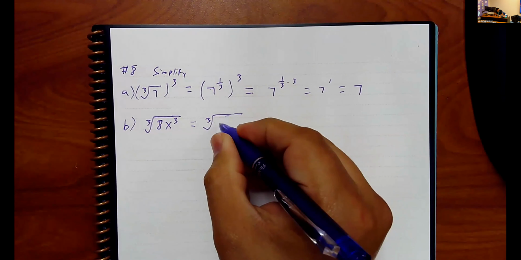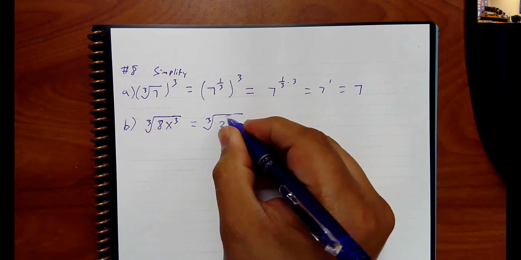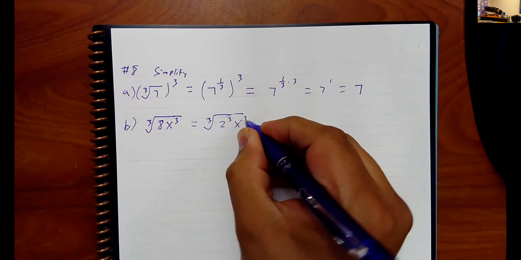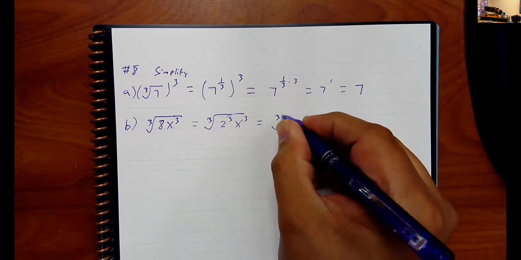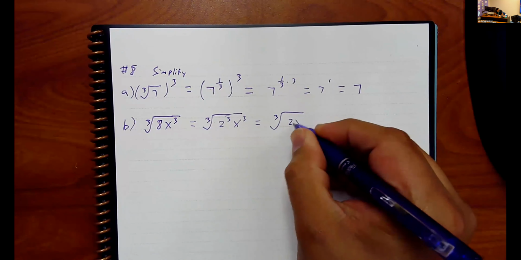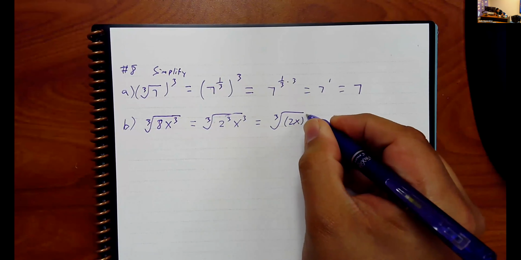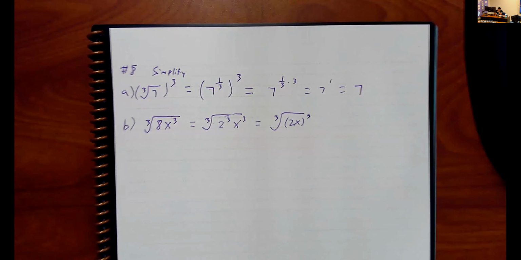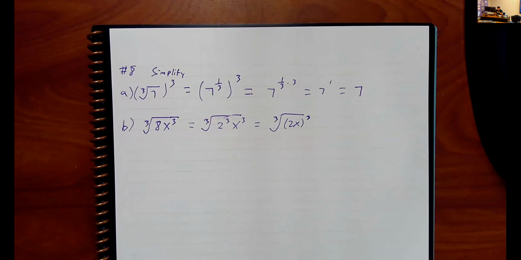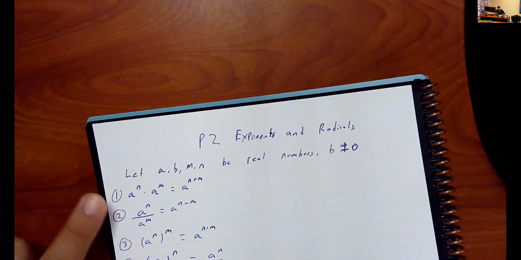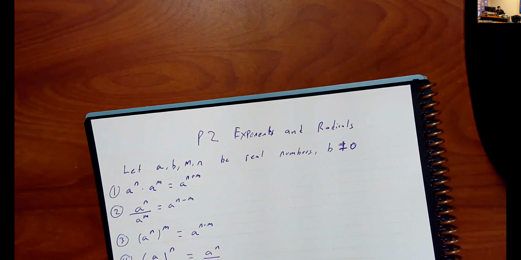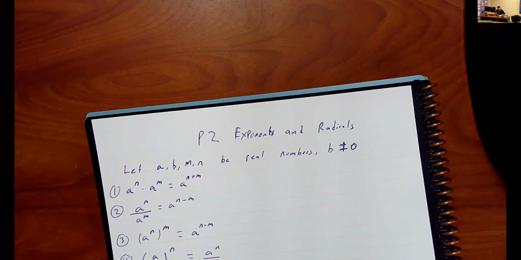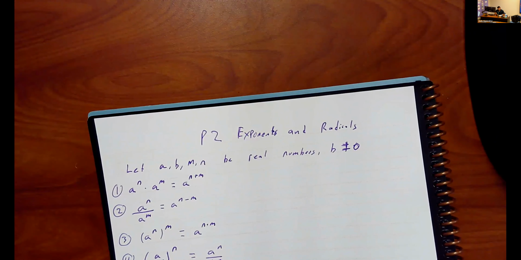So 8 is technically 2 cubed, and the x is already cubed. So if they're both cubed, you can rewrite it as a single factor cubed based on, where is it? I did forget one.